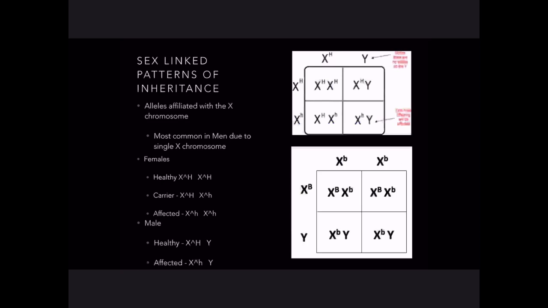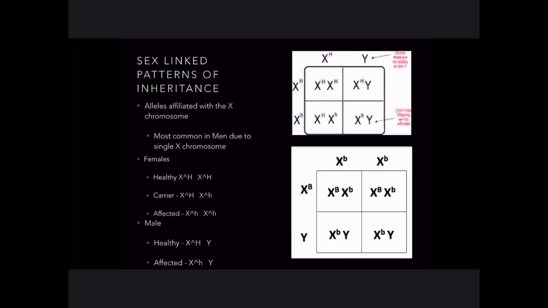And if they have both recessive, then they are affected by the disease and they are physically affected. With males, you cannot be a carrier. You either have the disease or do not have the disease. If you have one uppercase H, then you are healthy. And if you have one lowercase h, then you have the disease.